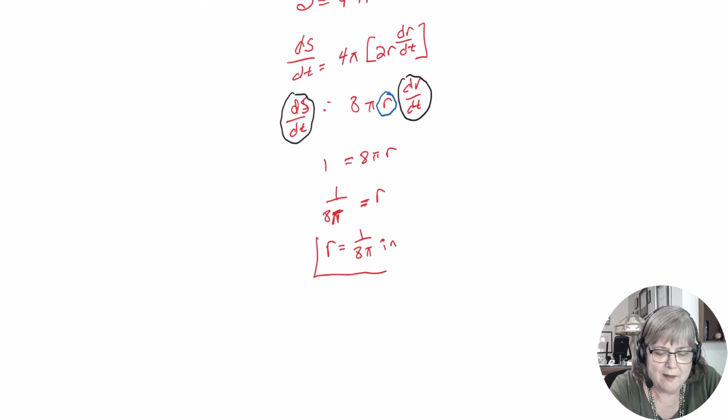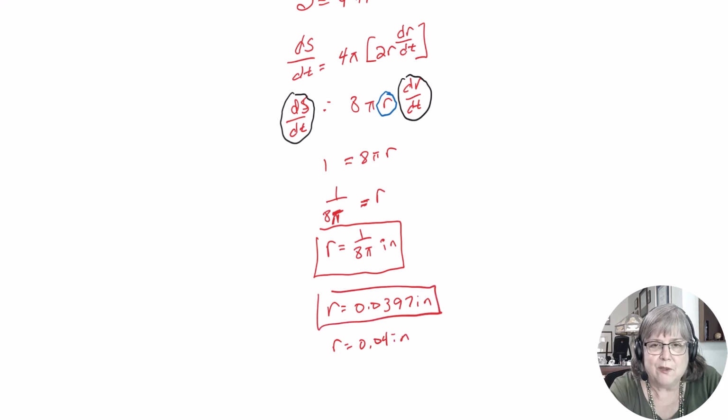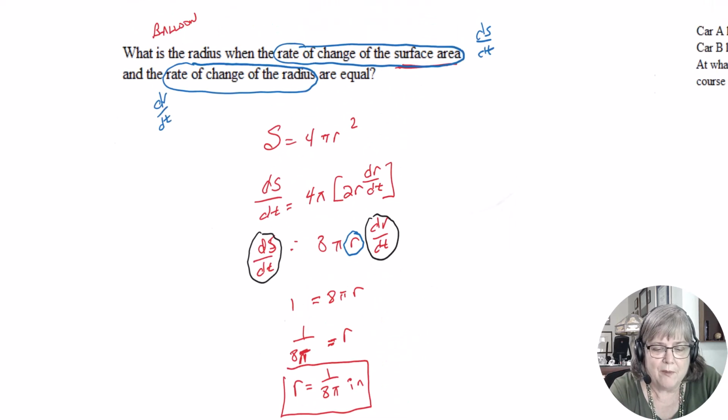That would be exact. And if we want to approximate it, it'd be 0.0397 inches. Or if they want you to round it off to the nearest hundredth, it could be 0.04 inches. So you would need to pick whichever one you want to use. All right, hope that helped a little bit.